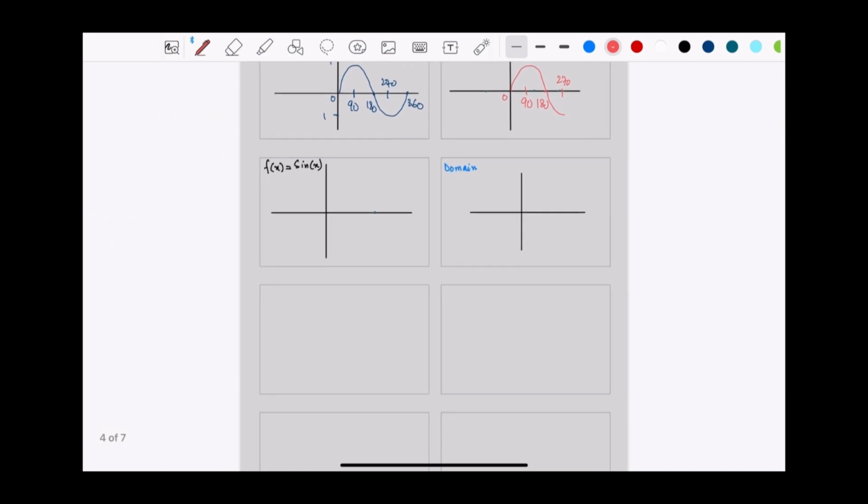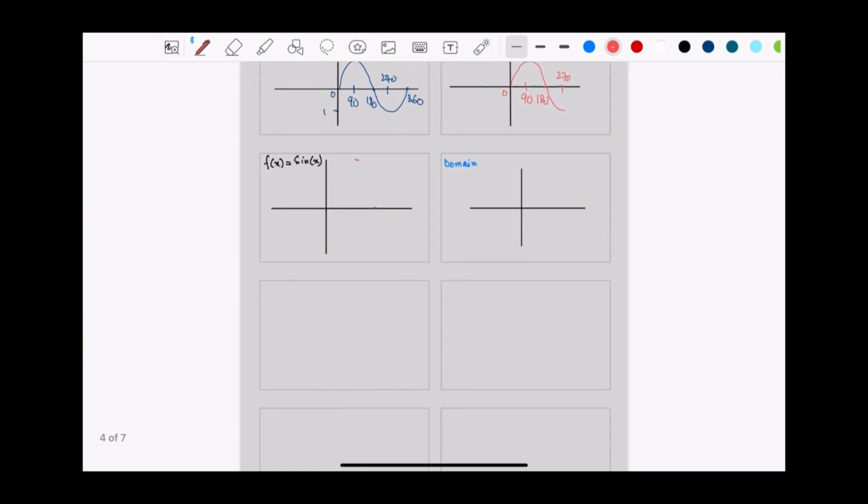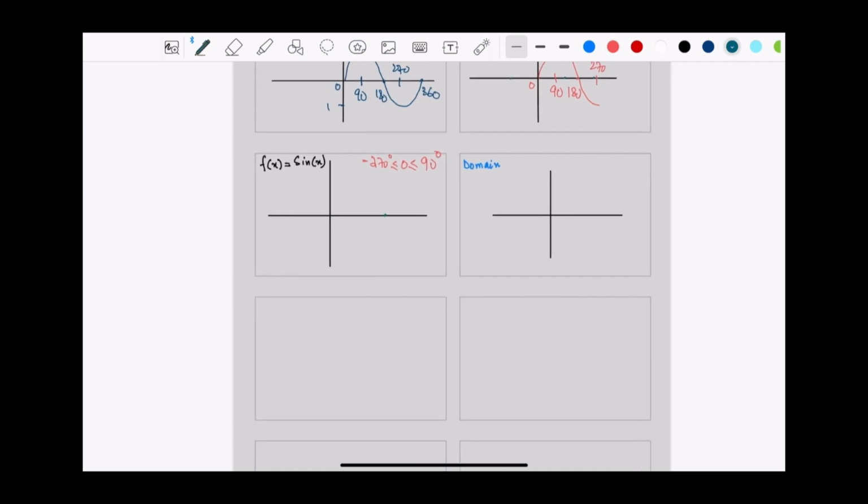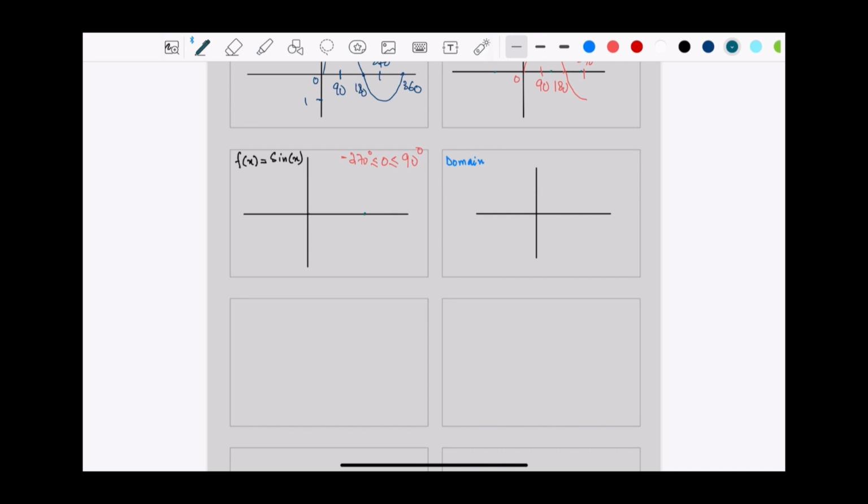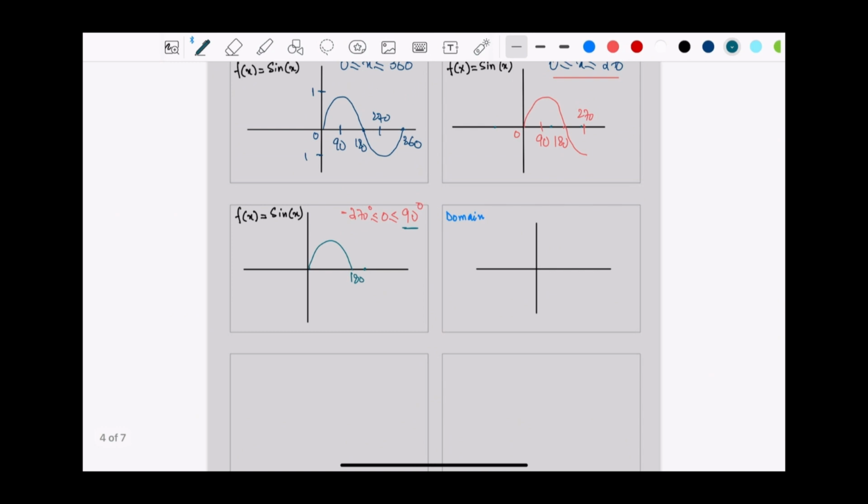So let's say we try drawing it from negative 270 degrees less than equals to x less than equals to 90 degrees. First of all, I can see that this here is 180 degrees, but I need to restrict myself to 90 degrees, and I can see that this here is my point until 90 degrees. So what I could do is erase it, and that's it.